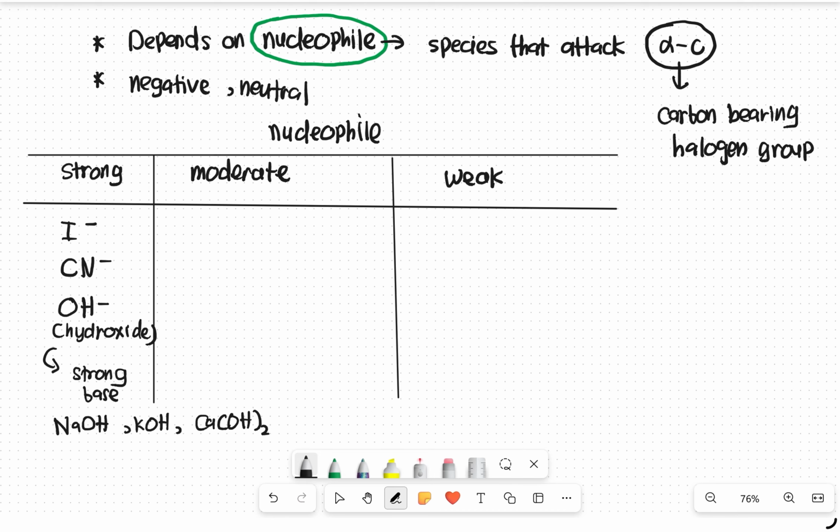Read through the physical chemistry section on the types of strong base; it will list which ones are strong bases. All of these strong bases will derive OH negative.